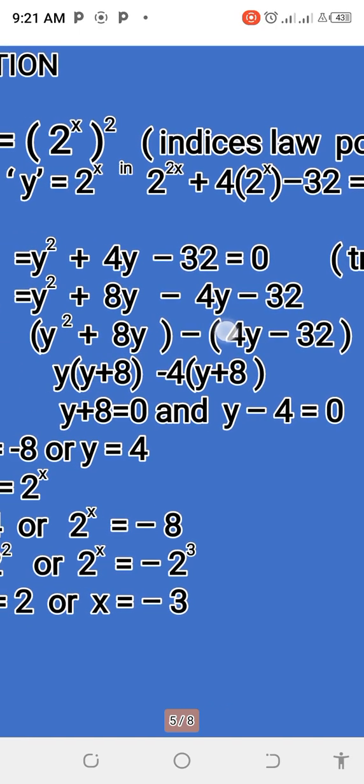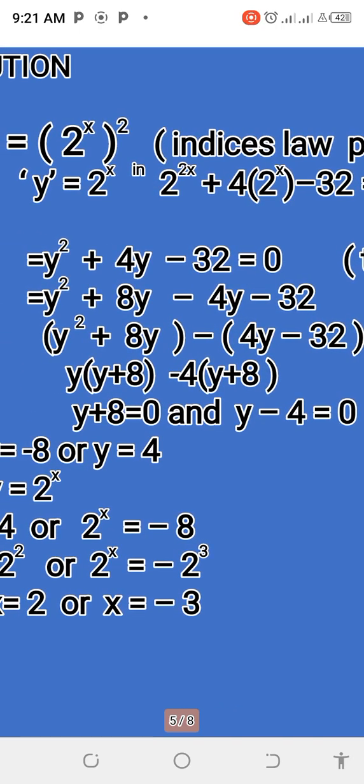And this question is asking us one question. Let me explain the term. 4y is the sum, 32 is the product. The question this equation is asking us is that we are looking for two numbers.